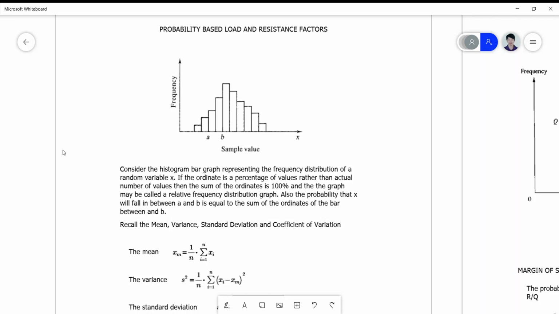So to give you some basic statistical concepts, we consider a histogram bar graph representing the frequency distribution of a random variable x.